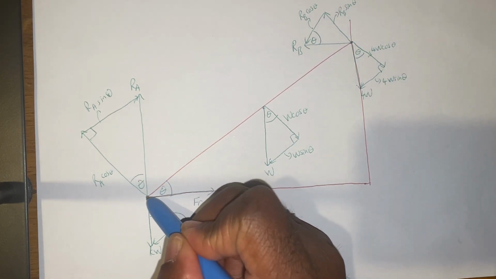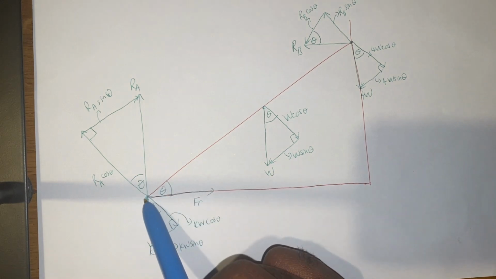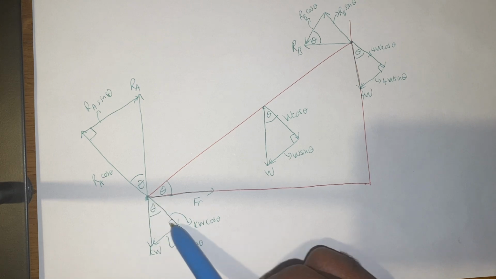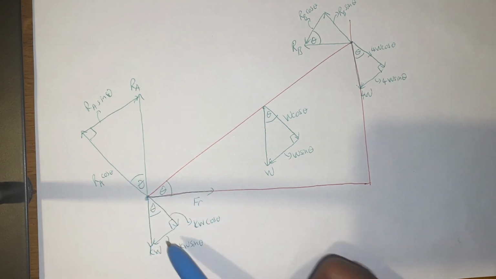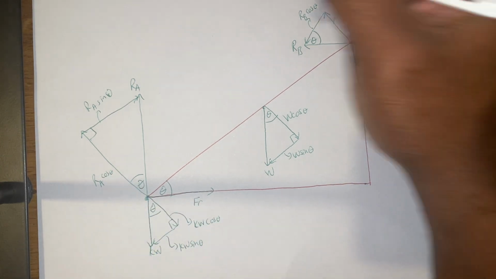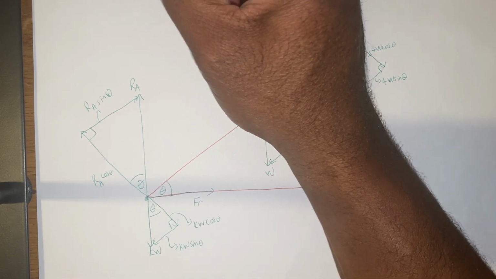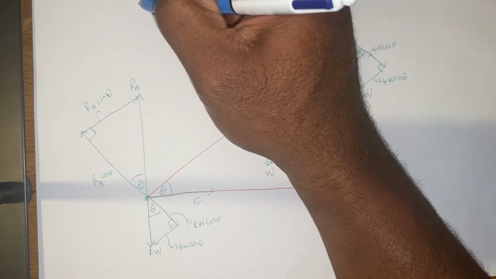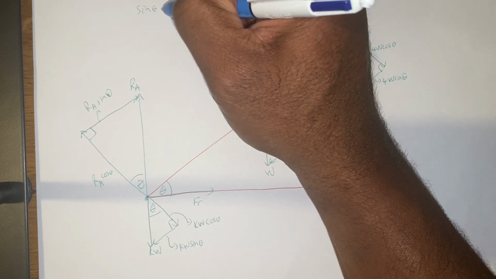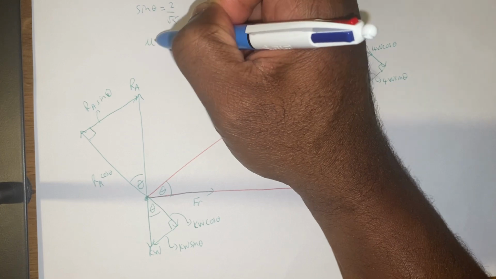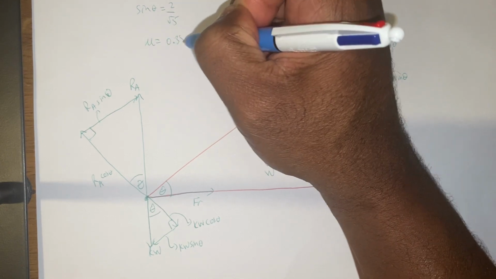Notice this is the first example where we have actually resolved RA, and the weight here is also resolved, in the manner presented here. We recall, of course, that cos theta is equal to 1 over root 5, and that sine theta is equal to 2 over root 5. And then we recall mu is equal to 0.35.